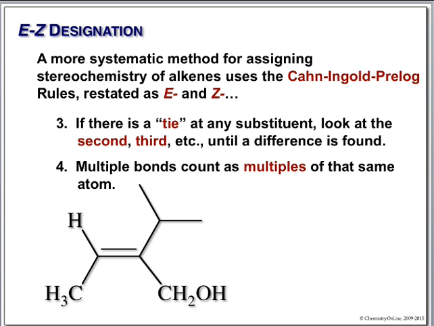Who wins? Here's our tie. We have 2 hydrogens and an oxygen. We have a hydrogen and 2 carbons. Who wins? Just like R and S, isn't it? The oxygen wins. Atomic number of 8.